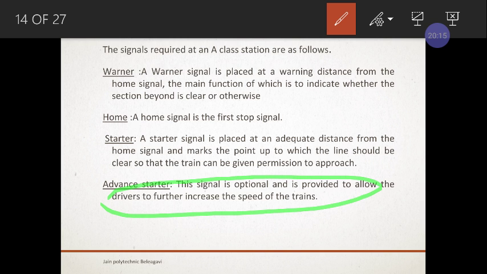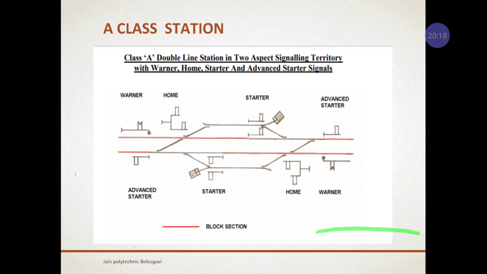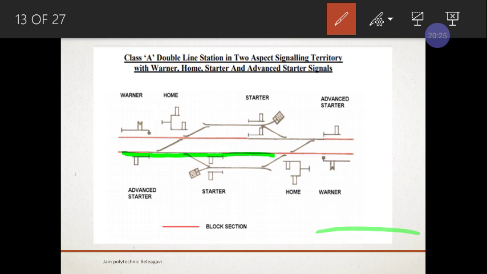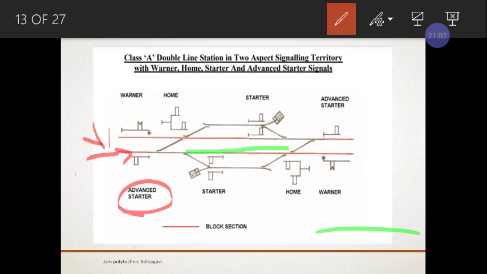If you go to the previous slide, here, if a train is standing on this platform, and there is another train coming from the same track, this advanced starter signal is for the high speed trains coming from behind.